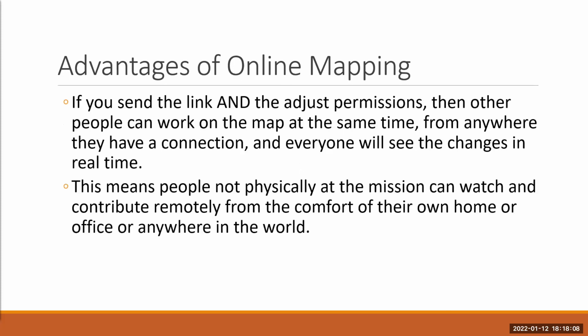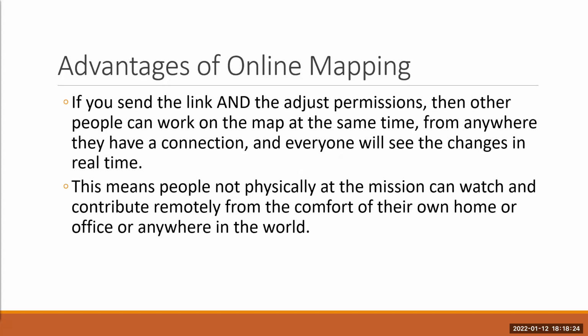So if you send a link to your map and you adjust the permissions, which I'll show you how to do, other people can edit your map. They can just look at it. They can maybe add data, but not delete data, which is very important.